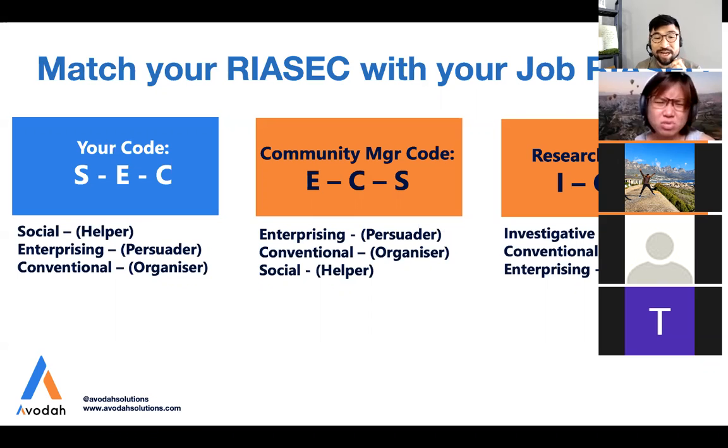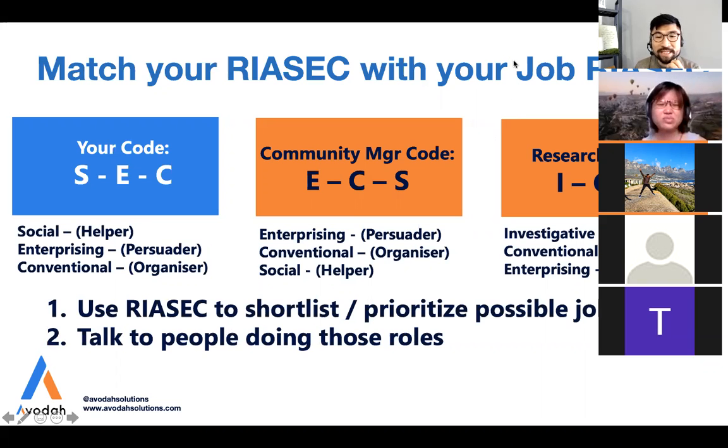Because it has the same three letters, E, C, S and S, E, C. It's just in a different combination. So between these two roles, if today I have just these two roles to consider, then from a very simplistic view, a community manager would be the one that I want to go with, just because it fits in with what my preferences are at this point in my life.